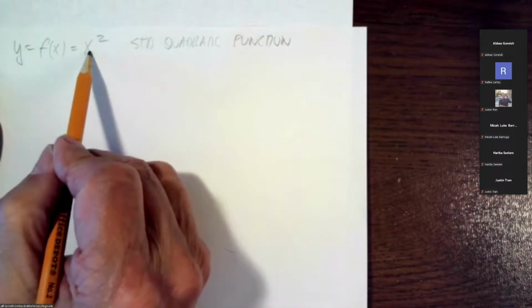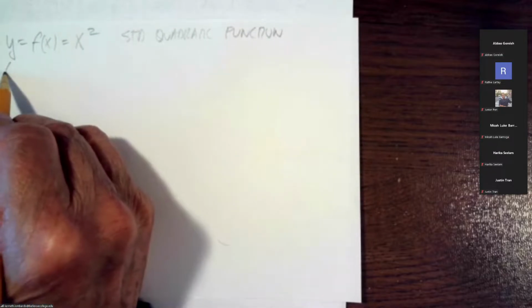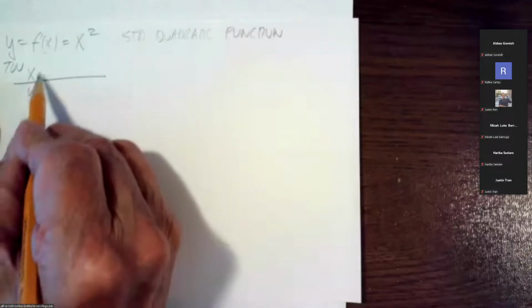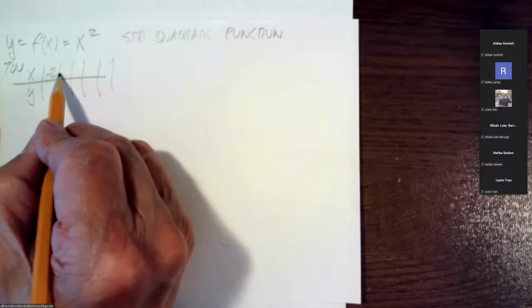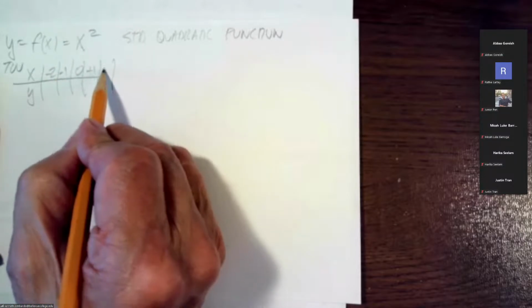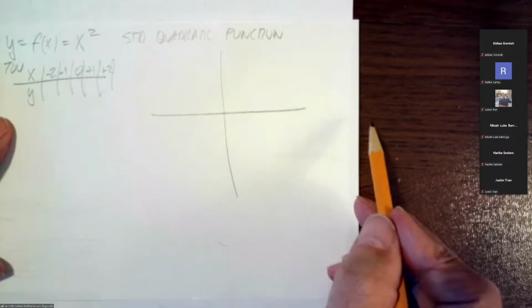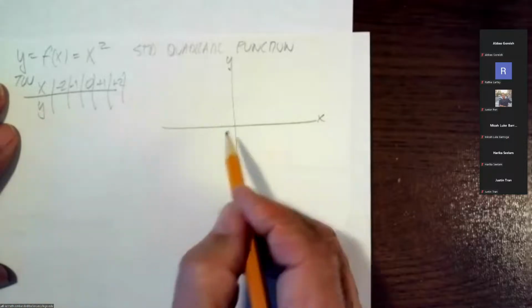So if we take a look at this, if we don't know what that looks like, first we might say, well, let's create a table of values of x and y, and maybe we'll go out a few: -2, -1, 0, +1, +2. And we might want to graph these the first time through until we know what y equals x squared looks like.